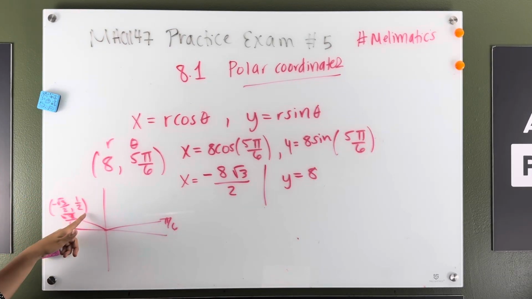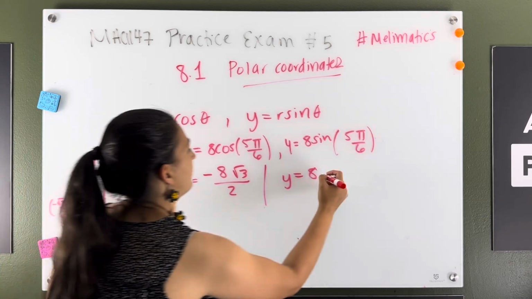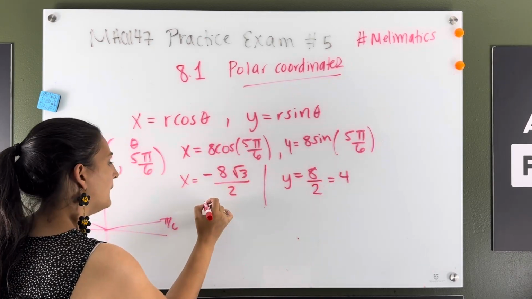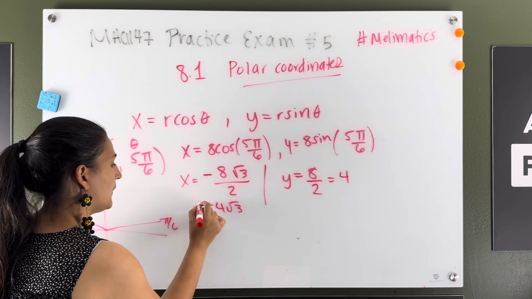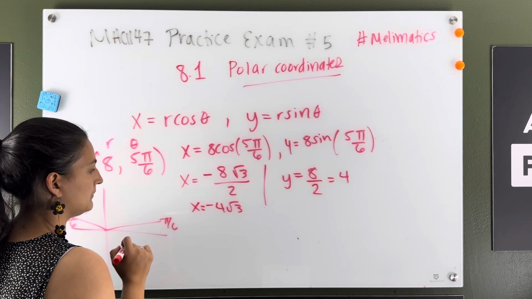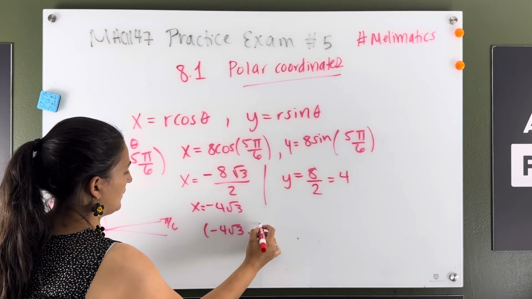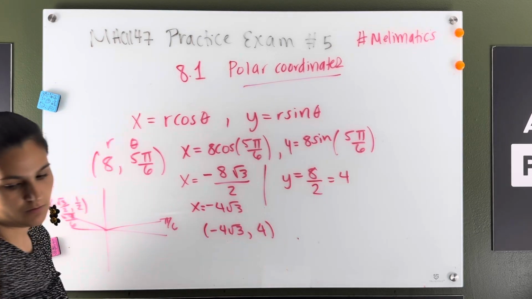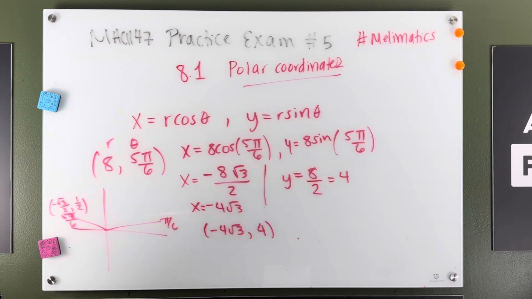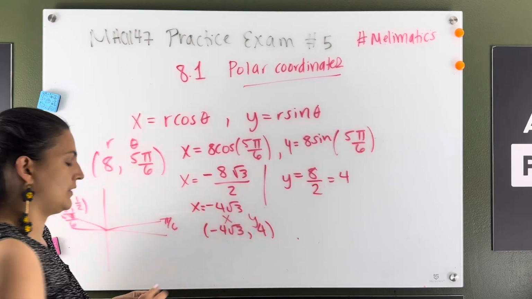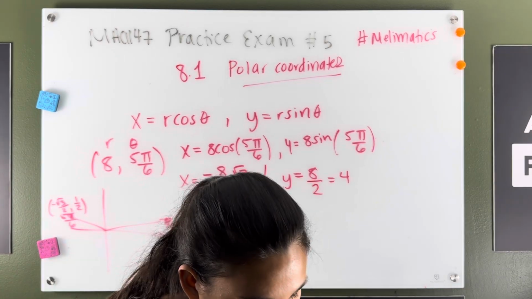Okay, where sine is positive in the 2nd quadrant, so that's just 1/2. Okay, so we did it. We're getting our x is -4 square root of 3, and our y is 4. Okay, you don't have to plot it to check it. Okay, but we do want to write it as an ordered pair, x comma y. Right, because now we have a regular ordered pair in the coordinate plane.